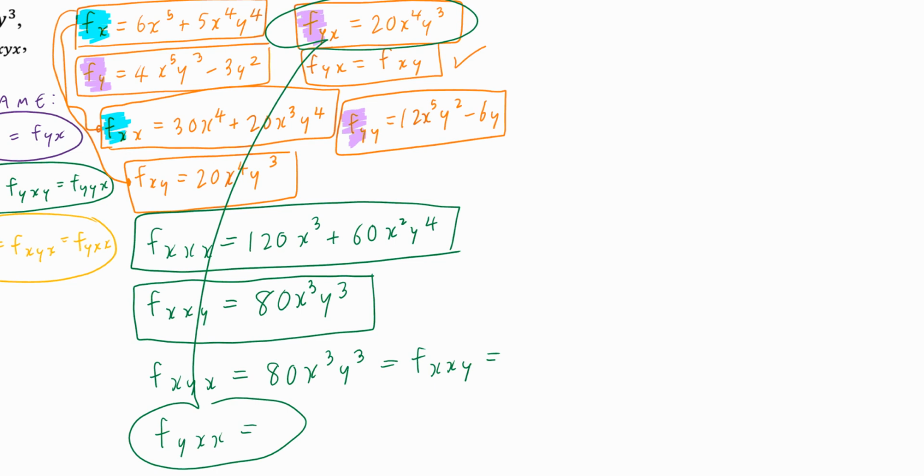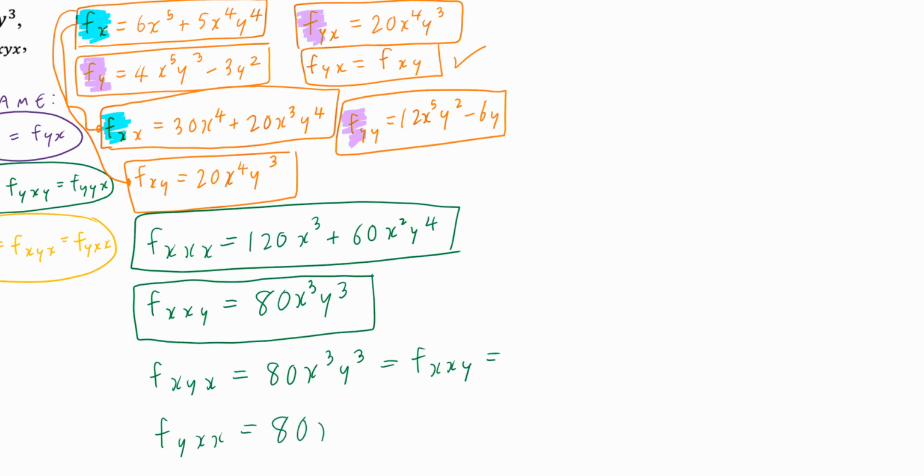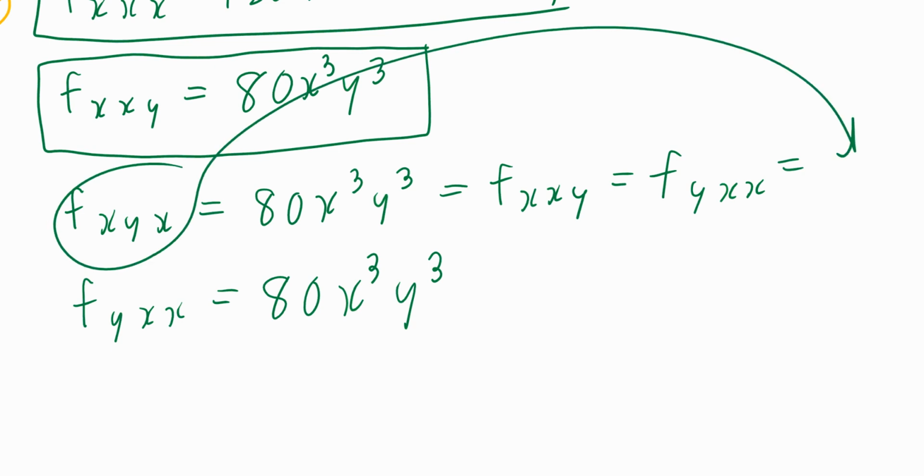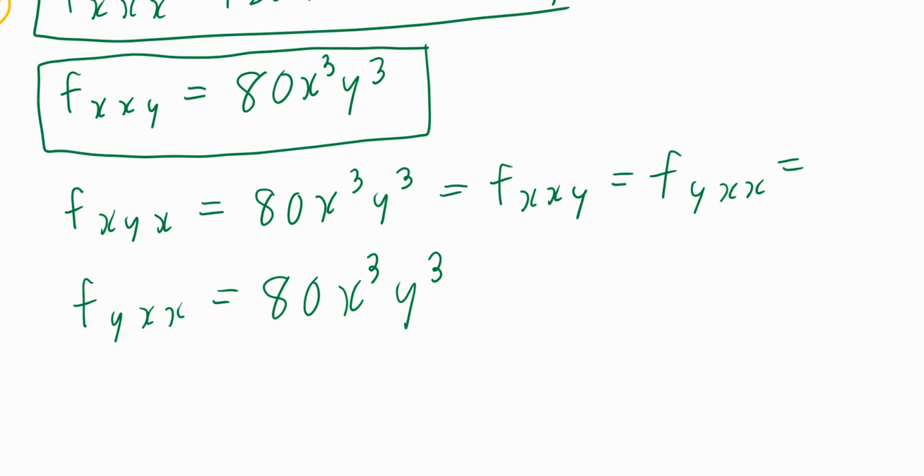Again, this means y to the power of 3 is going to be a constant. When I take the derivative of 20x to the 4, that's going to be 80x cubed. I copy the constant. And again, it should not be a surprise that this equals f_xxy, or I'm just going to rewrite this here so you can see the correlation, f_xyx.